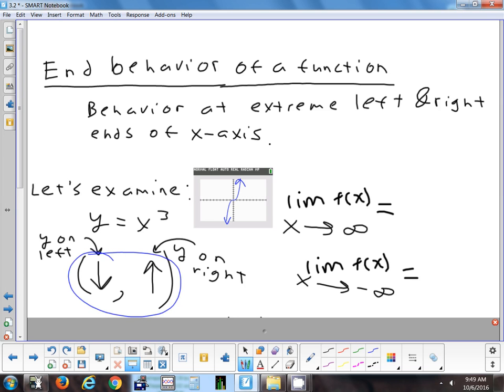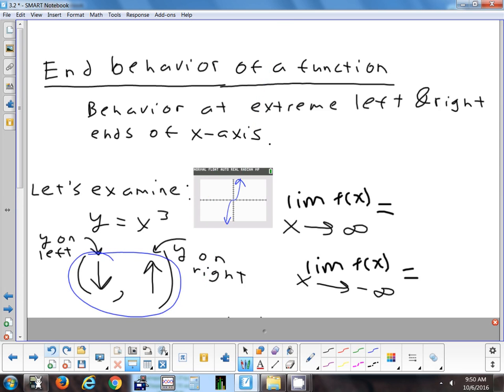So if it was over here, like that, this is the right edge, because it's what's happening as you go to the right. This is the left edge. Remember, these functions don't really stop right here. This one is just going to keep going up that way, and this one's going to just keep curving down that way. It's going to go left and right forever. Not quickly, but slowly.